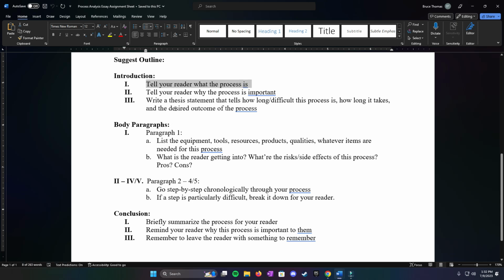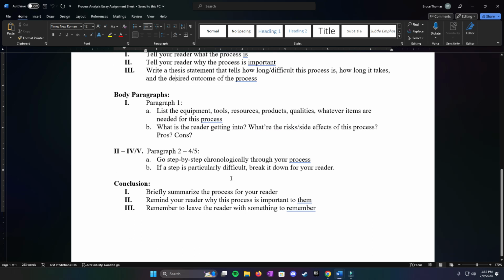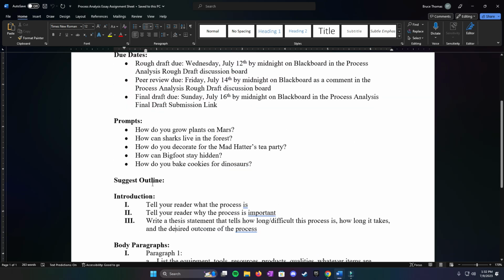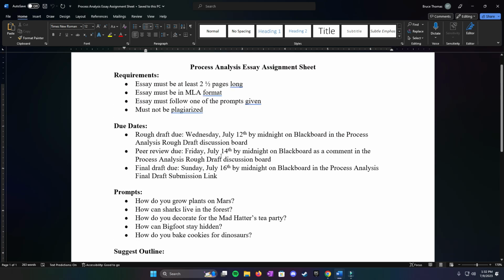How to bake cookies for dinosaurs. Tell the reader why your process is important, and then write your thesis, so on and so forth. You can create your own outline, but this is just a template for you.